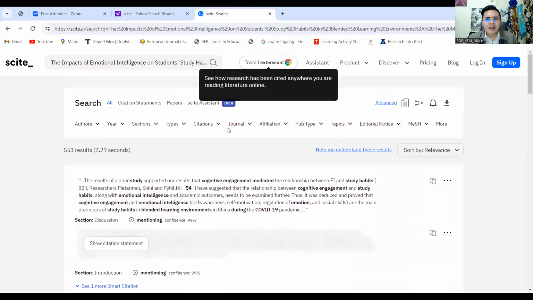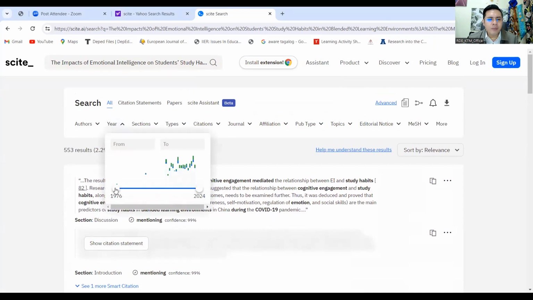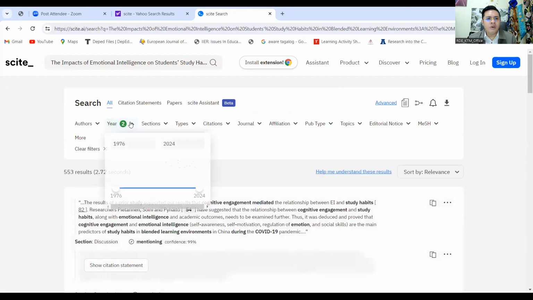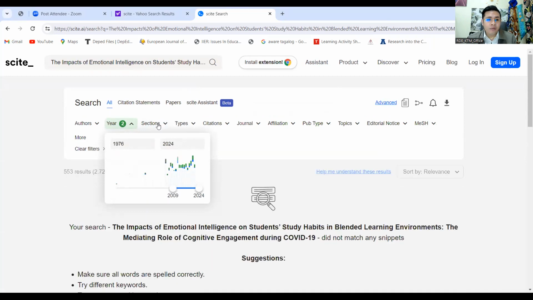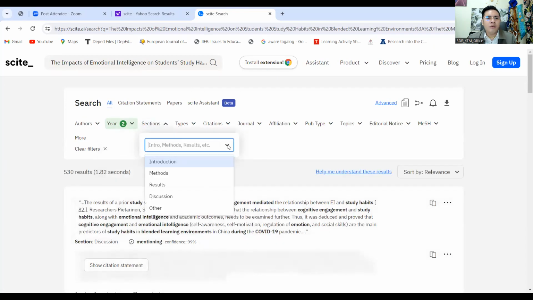What is good with Scite is you can sort it according to year. Because inside information about this one started, they have information from 1972. But the requirement is only 10 years back. So figure it out. Then go to section, what part of the paper you would like to have.